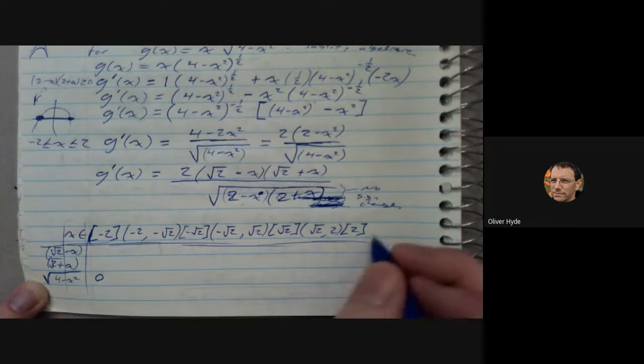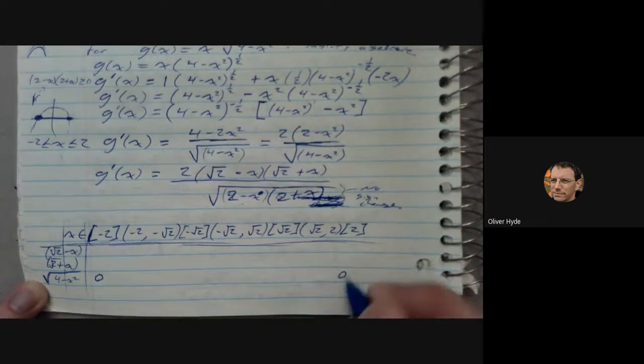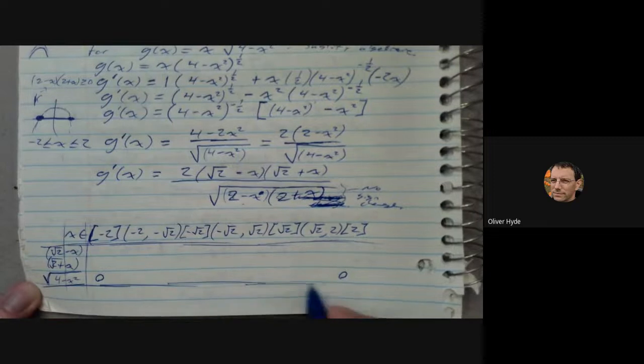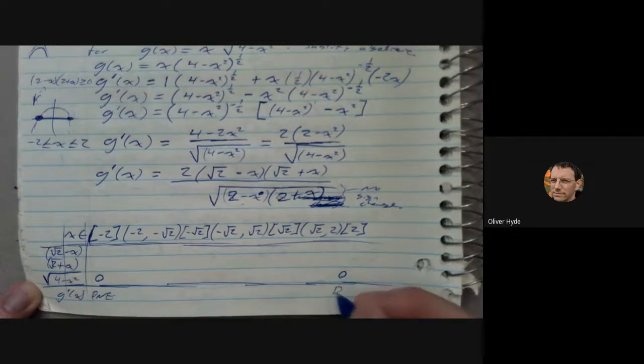So maybe I can just consider the square root of 4 minus x squared down here, and just mention that that expression is going to be neutral at negative 2 and positive 2. And that means that my first derivative, g prime of x, does not exist there or there.